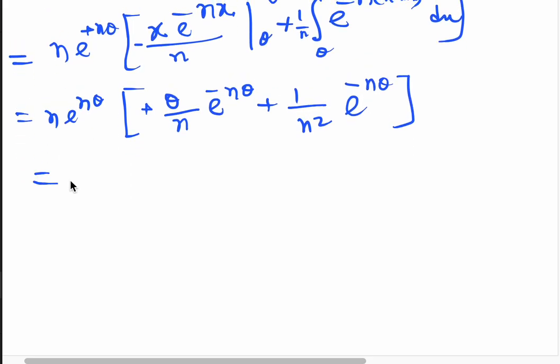So the expectation is theta plus 1 by n.